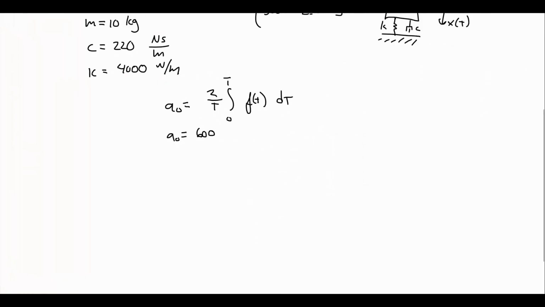And we can go on and find our an terms. I'll just highlight this so that we can come back to it. An was defined as 2 over T, integral from 0 to T, f of t cosine n omega t dt.